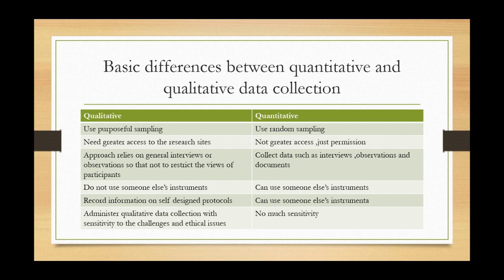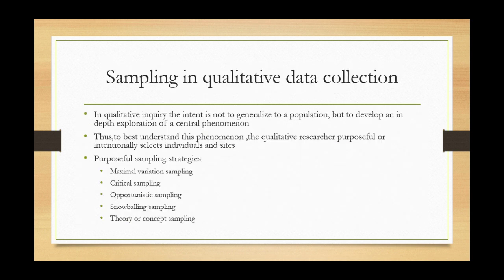So what are the different sampling approaches that we can use to select participants and sites? In qualitative inquiry, the aim is not to generalize to a population.